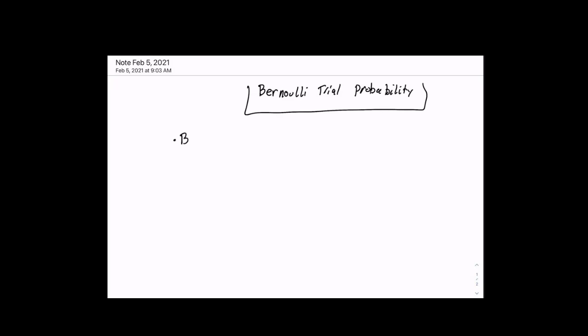Bernoulli stands for two outcomes, which means we either have something we define as a success that we're looking for, and something that is a failure. We define the probability of a success.